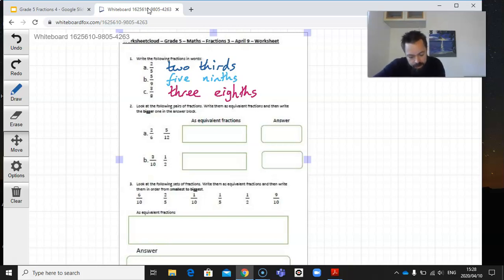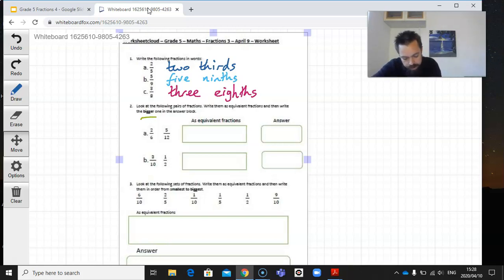We were then looking at this one, where I gave you a pair of fractions, and I asked you to find, first of all, make them equivalent fractions, and then to say which one of them was bigger. So in the equivalent fractions, we're going to write them as equivalents.